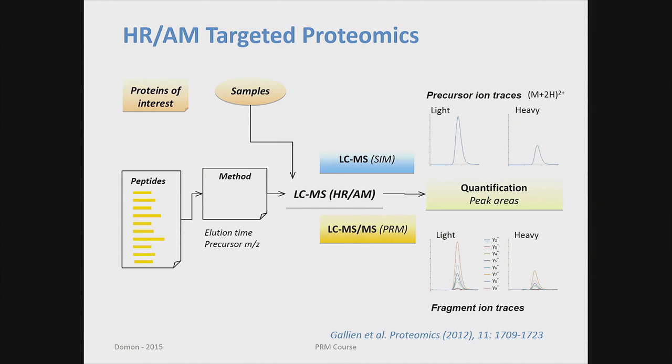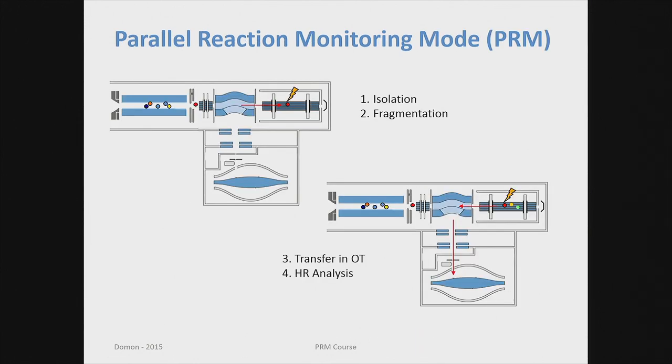The other way is to do a classical PRM experiment, where typically if you quantify, you have an internal standard, so you look at the signal of your endogenous peptide and the so-called heavy fragments of your peptide, which has been added as a synthetic peptide after the digestion.